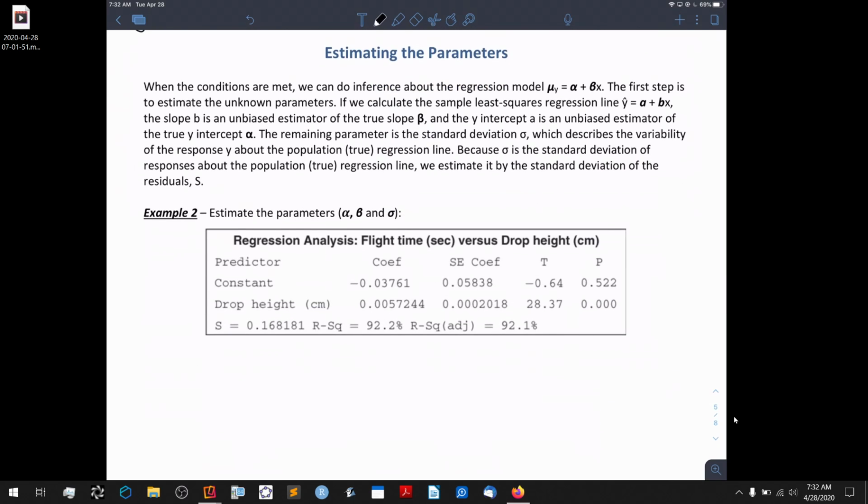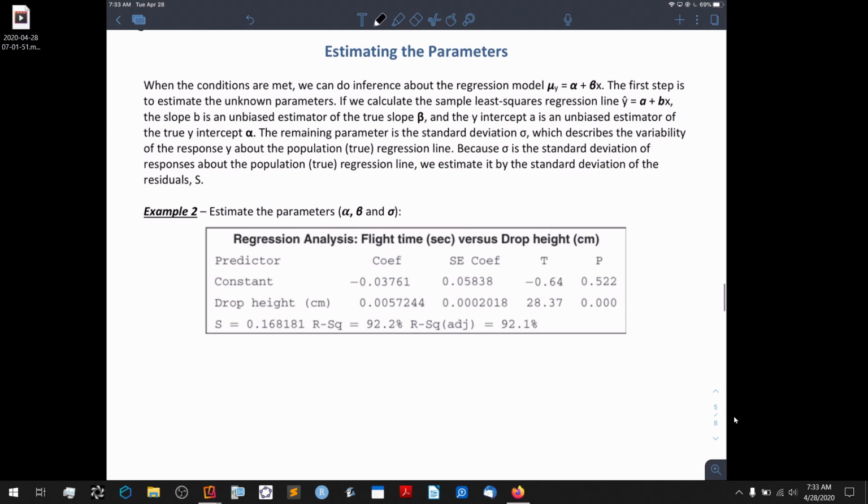Okay. All right. So estimating parameters. When conditions are met, we can do inference about the regression model, mu sub y equals alpha plus beta x. The first step is to estimate the unknown parameters. If we calculate the sample least squares regression line, we know that the slope b is an unbiased estimator of beta, and the y-intercept a is an unbiased estimator of the true y-intercept alpha.